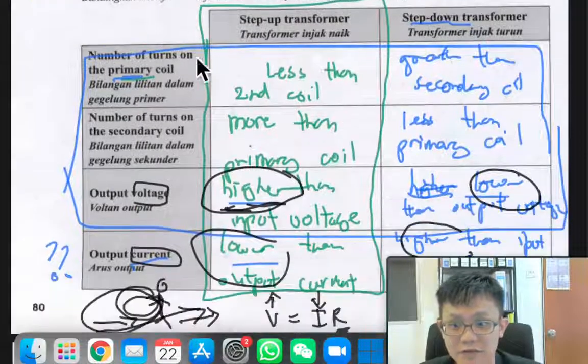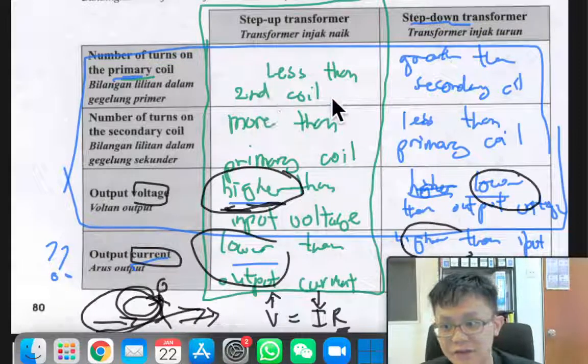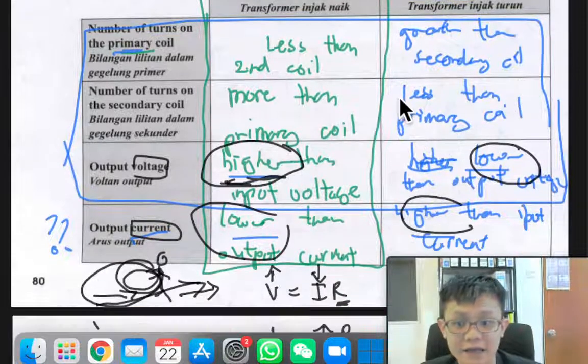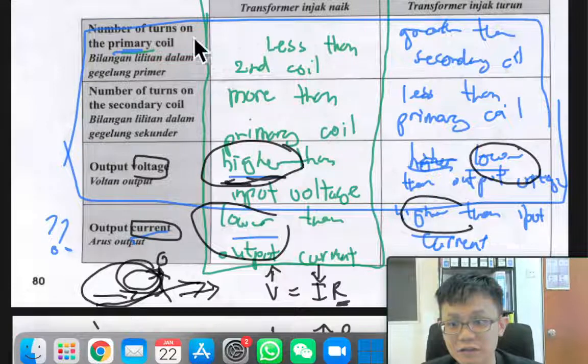You can say, for the step up transformer, the number of turns on the primary coil will be fewer than the secondary coil, and the output voltage is higher than the input voltage. However, for the step down transformer, the number of turns in the primary coil is greater than in the secondary coil, and it has a lower output voltage.